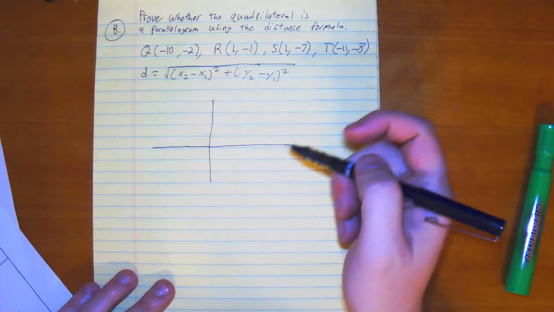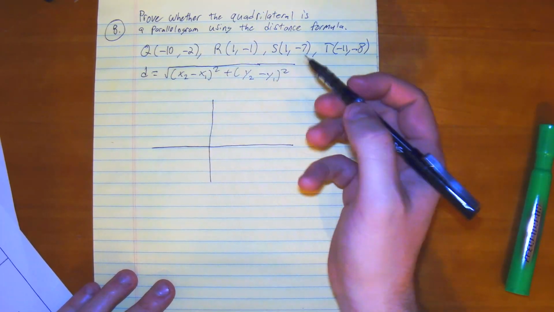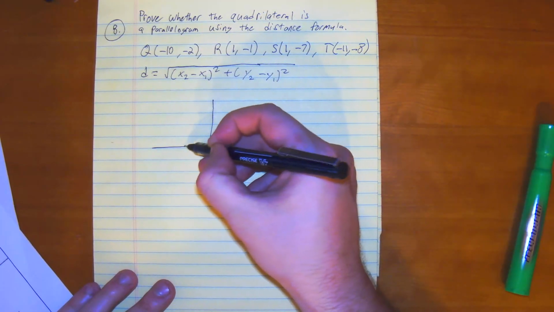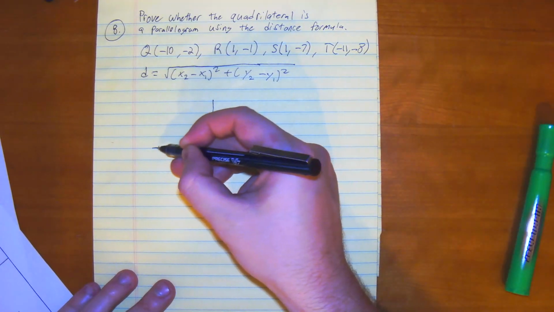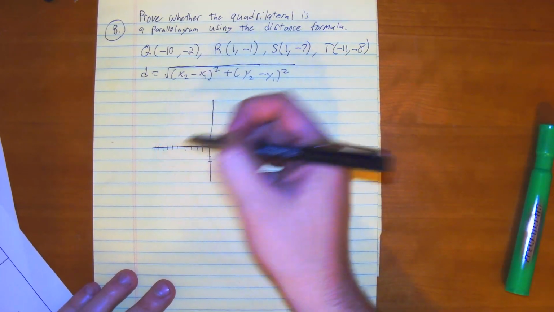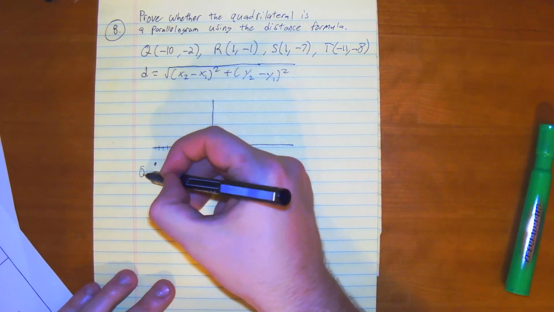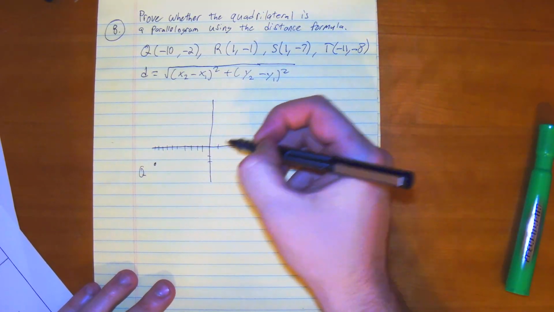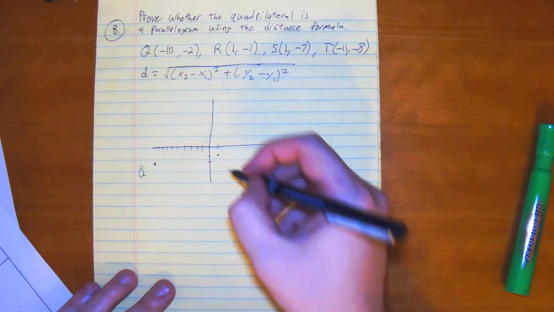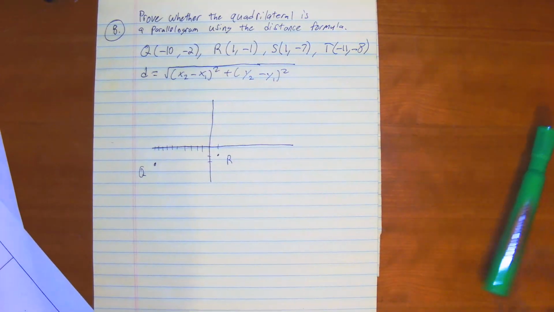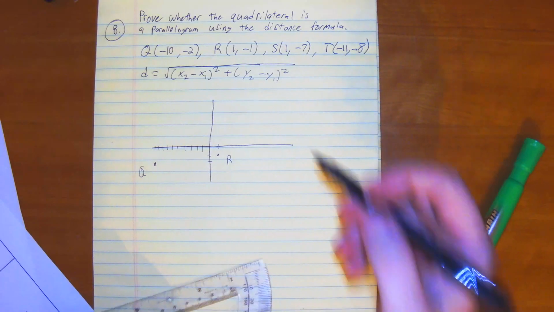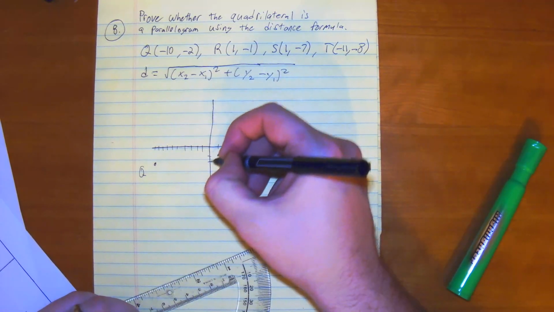So what we have here is (-10, -2). We're just going to do a rough sketch. 1, 2, 3, 4, 5, 6, 7, 8, 9, 10. 1, 2. Like I said, we're just doing a rough sketch to see what we're working with. So this is Q. Now we're looking at R, which is at (1, -1). This is R. So they're connected. I'll use a ruler just to make sure I'm precise. Then this is at (1, -7).